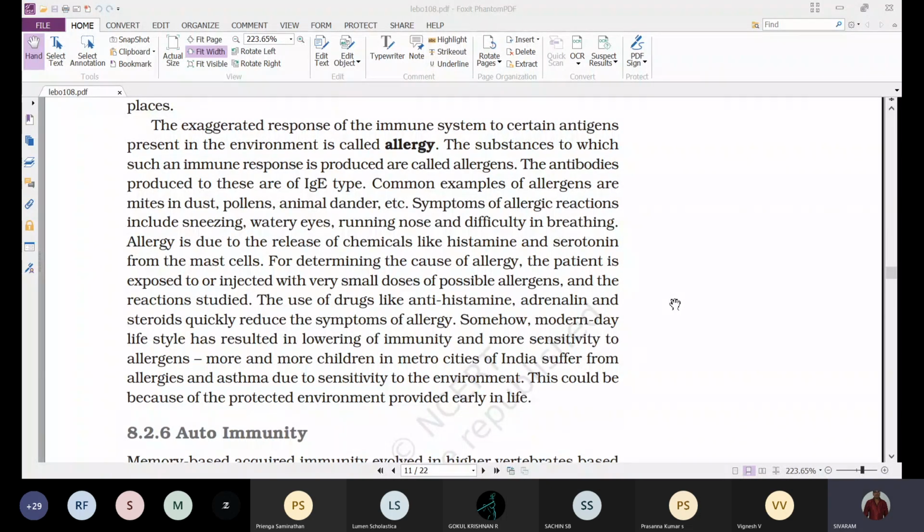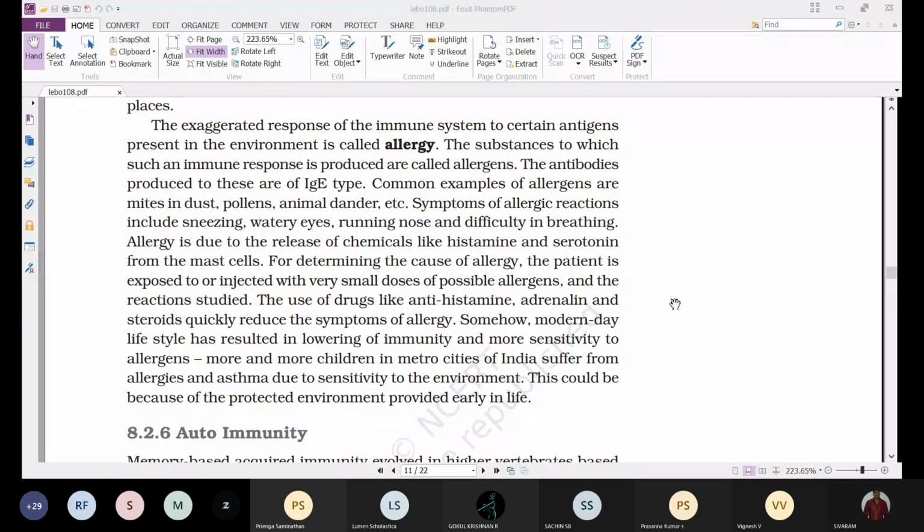So that means we have to give certain chemicals which will reduce the production of this histamine and serotonin, like antihistamine or adrenaline, and also steroids. There are some steroids which will reduce the symptoms of allergy, so that we can protect that person. Because if the allergic reactions are prolonged for a longer period of time, it may lead to the death of that person.